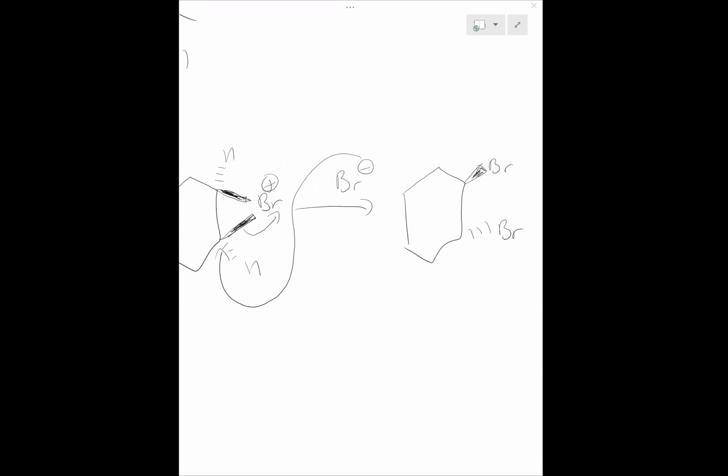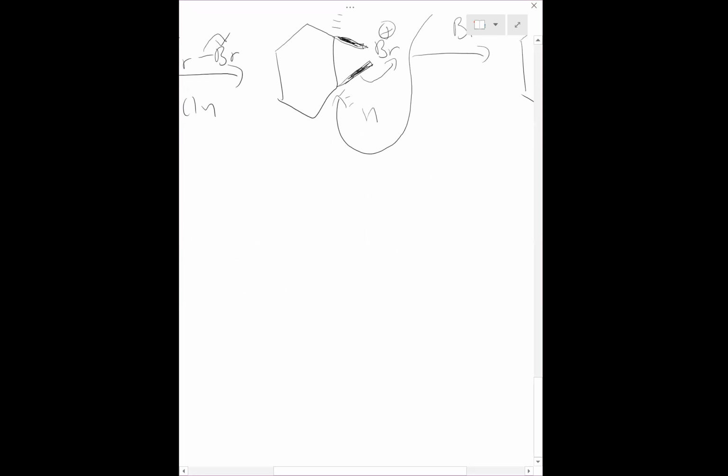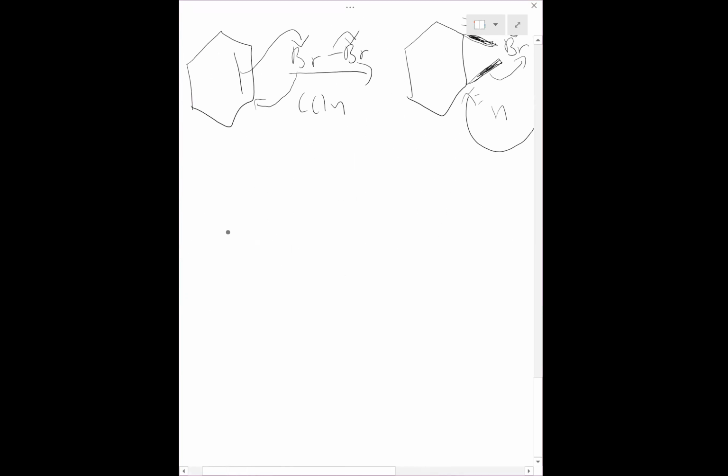So anti-coplanar addition. To make it easier on yourself, let me just do it. So you need Br2 and either CCl4 or CH2Cl2. More commonly, you'll see CCl4.